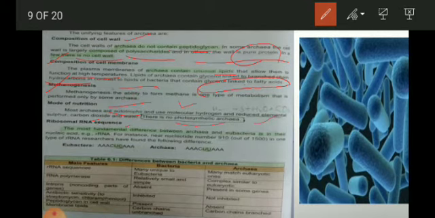In normal photosynthesis, plants and some green bacteria use carbon dioxide and water in the presence of light and chlorophyll to produce glucose. But here they also use hydrogen and elemental sulfur for production of their nutrition or food.